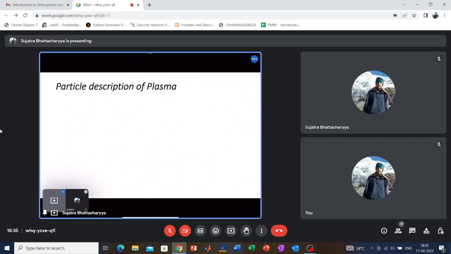Okay. So particle description of plasma is the next topic which we will take. But before that, just to recap what we have seen about basic things about the ionosphere, is that shortwave radiations result in formation of ions.